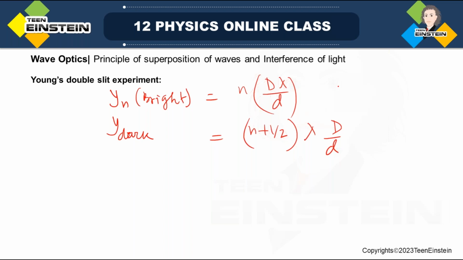In both cases, n can be any number 1, 2, 3. So the fringe width beta is actually between two successive ones.